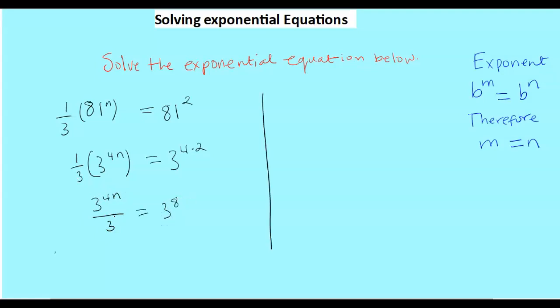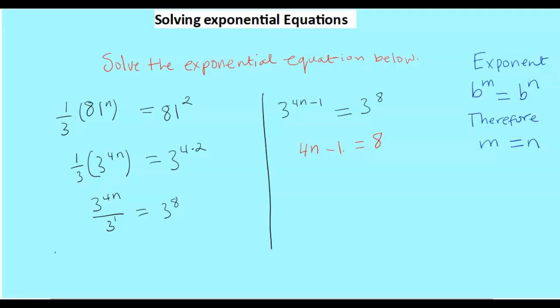Every number is to the power 1, and we have the same base dividing, so we can subtract. So here can be written as 3 to the power 4n minus 1 equals 3 to the 8. Now we have 3 and 3 here. We can equate the base. We got 4n minus 1 equals 8.